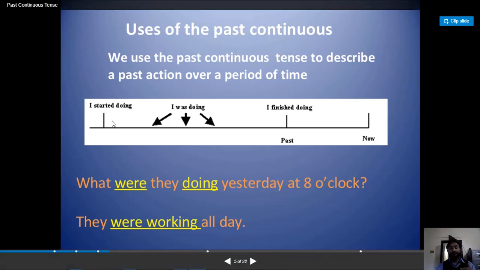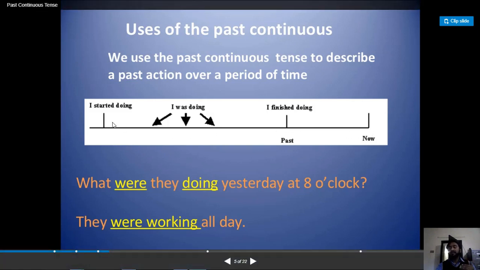Here you can see the graph. Here I started doing the action, and it finished at some point of time in the past. Now it does not exist in the present time.